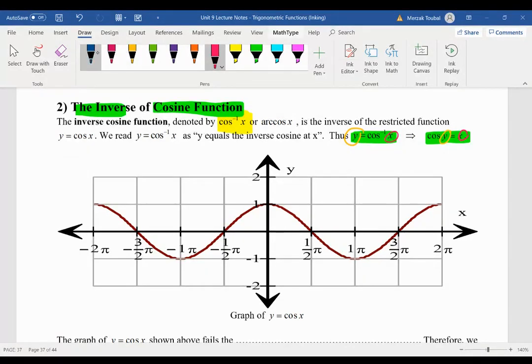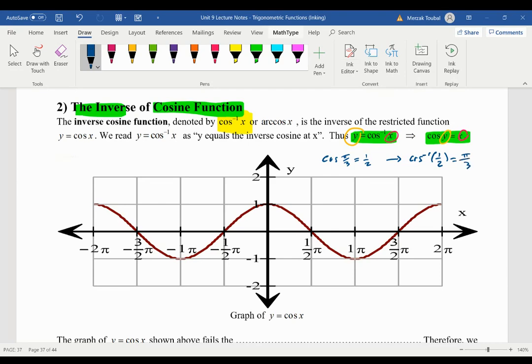In other words, for example, if we have cosine of pi over 3, well, that's 1 half. This implies that cosine inverse of 1 half, so you have to take the output as the input, is pi over 3.